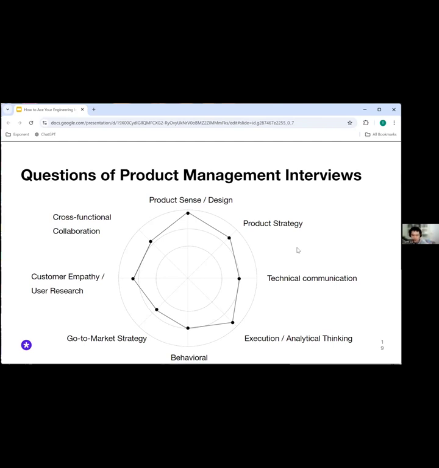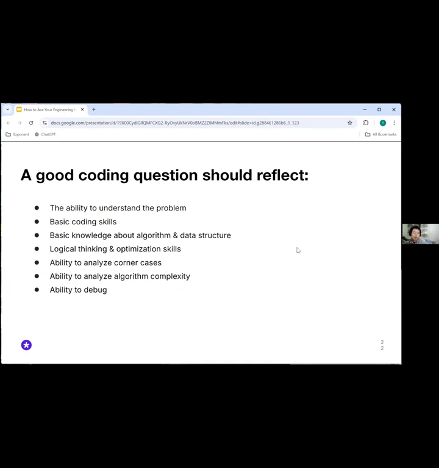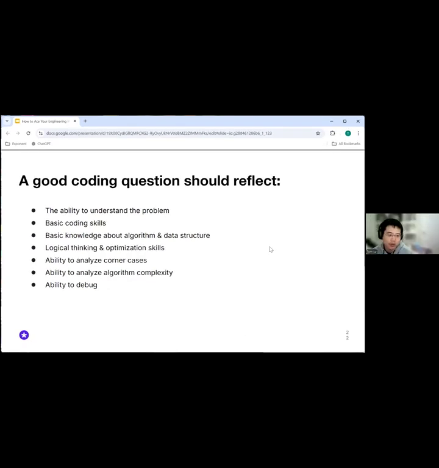For example, how would you launch a new product in a highly competitive market? Customer empathy, usage research. For example, what method do you use to understand a user's behavior? Cross-functional collaboration.